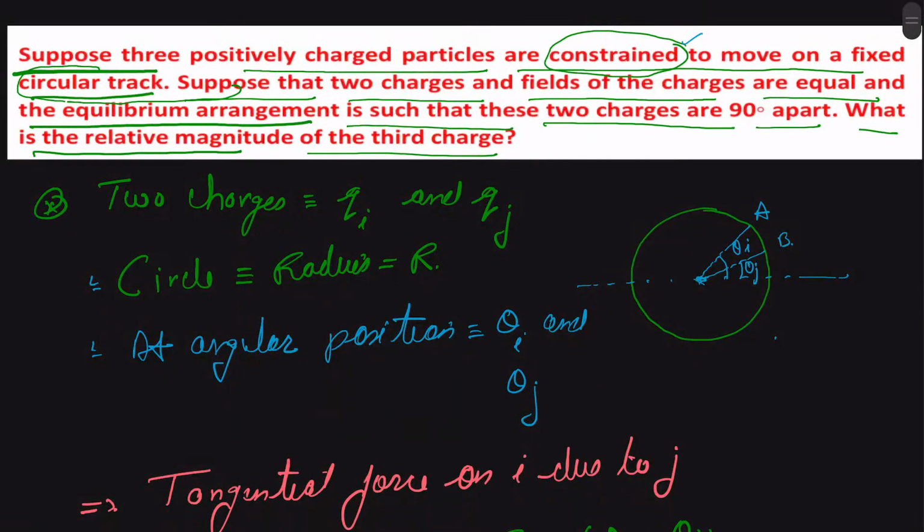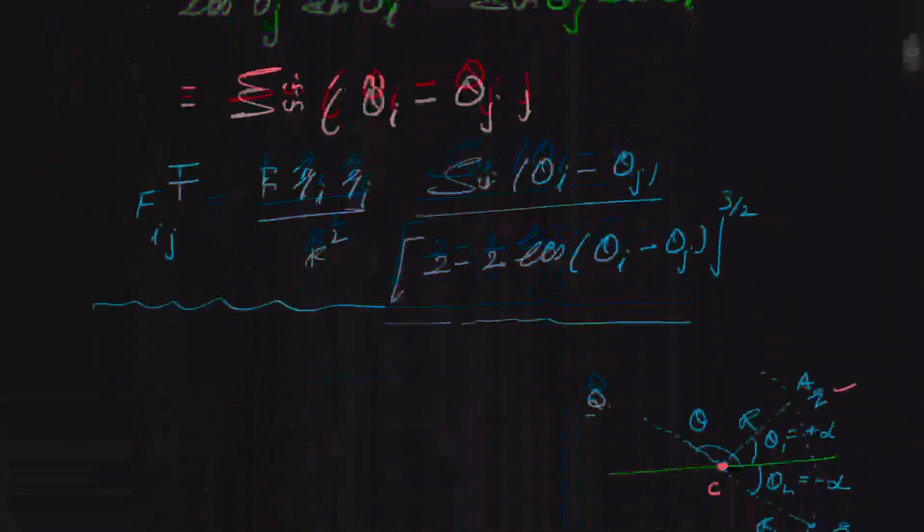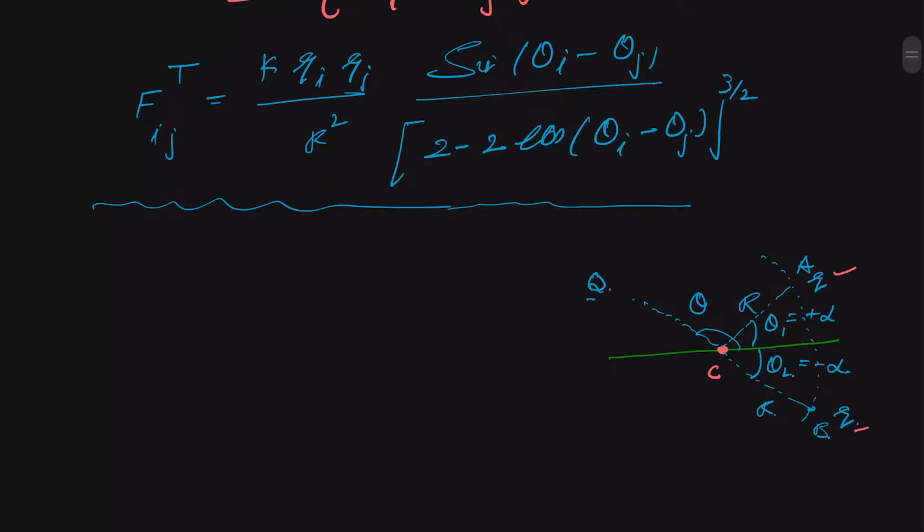So we are given that two charges, the fields of the charges are equal and in equilibrium. Okay, but the angle between them is given as 90 degrees. Okay, so we have to find out this value of theta, and you can solve this using two methods. Okay, let's use the more traditional one.